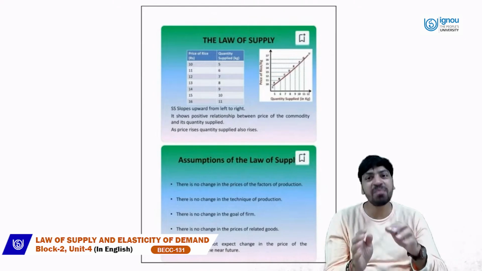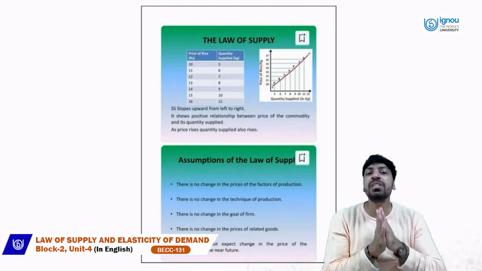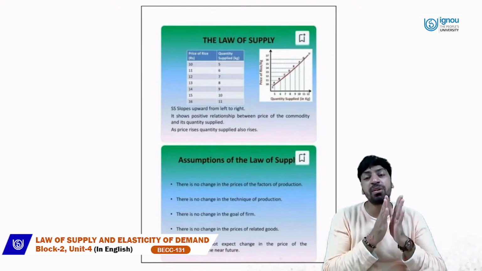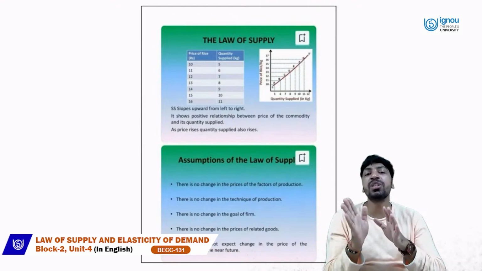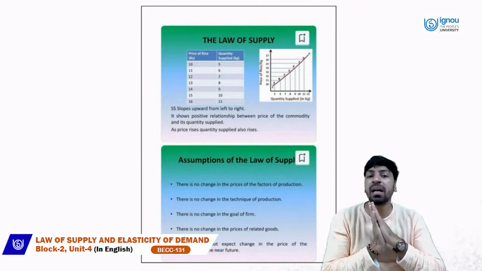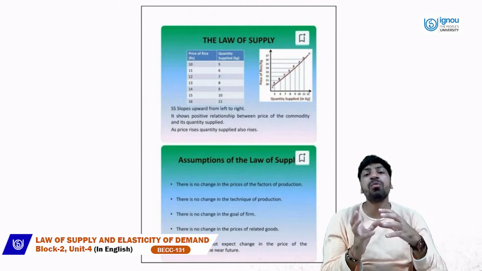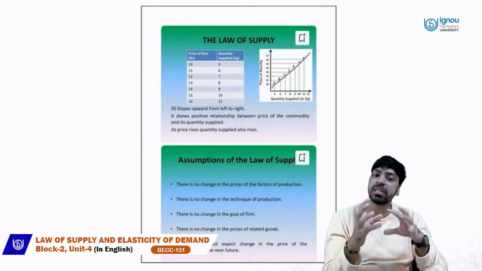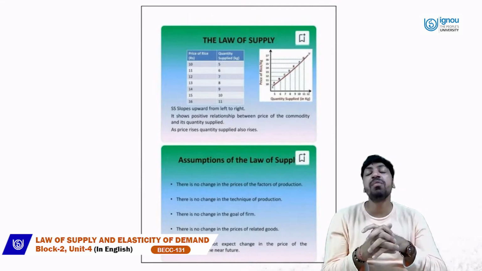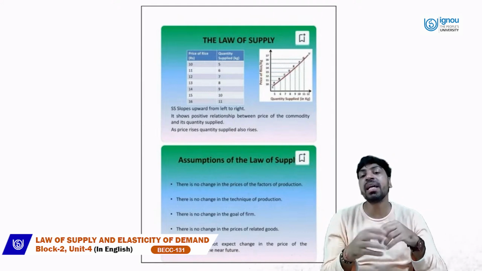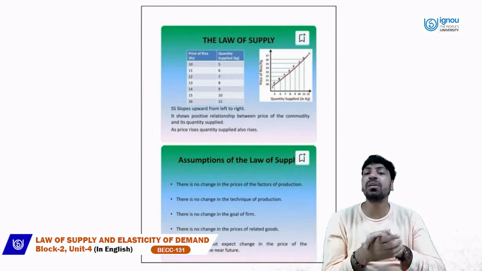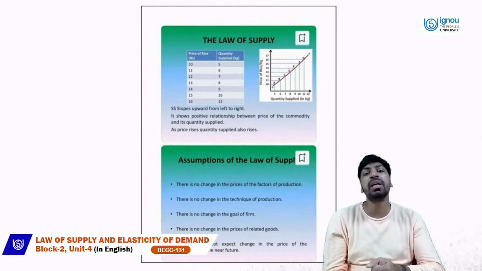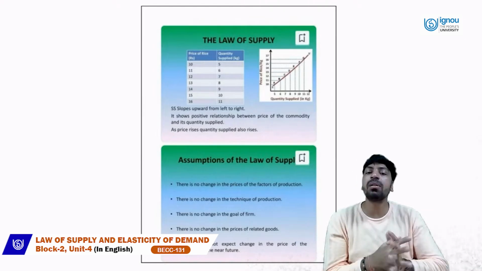In the diagram, the supply curve slopes upwards from left to right, which shows a positive or functional relationship, representing that as the price increases, the quantity supplied also increases. That's called the law of supply.